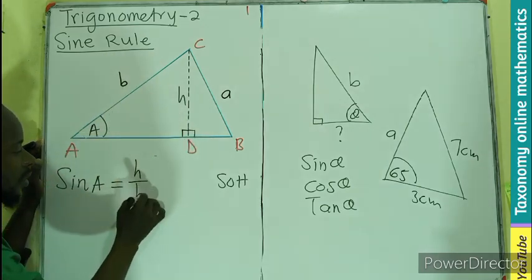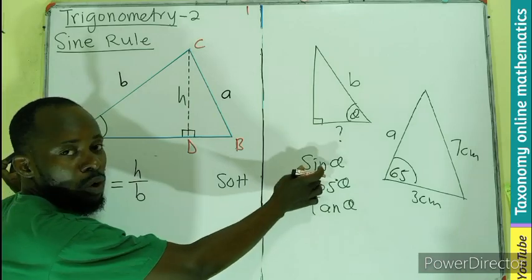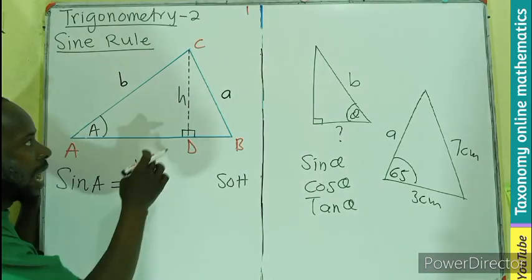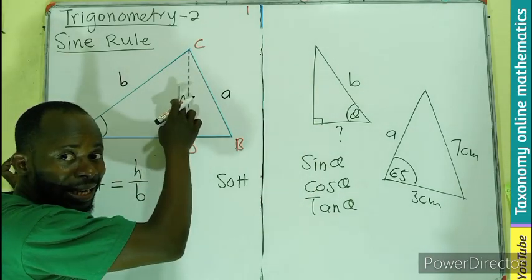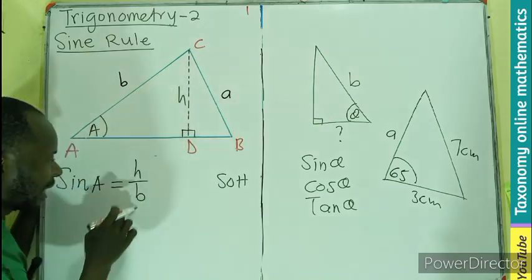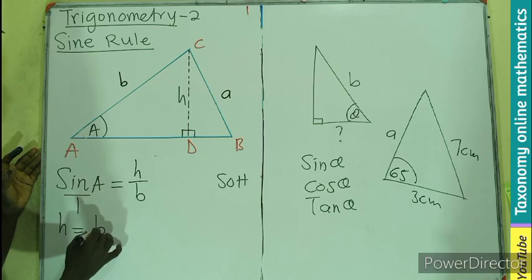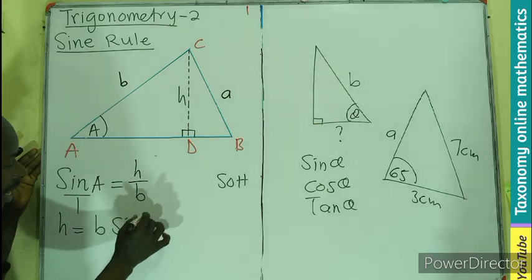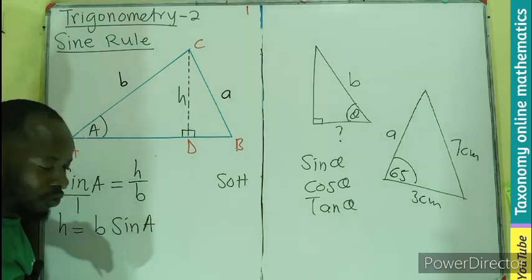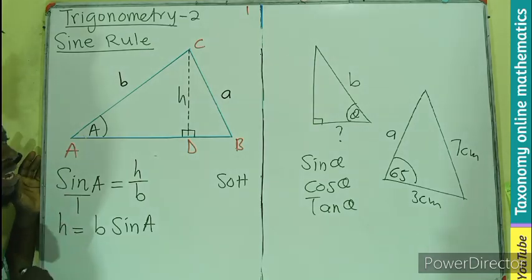So this gives us B in terms of the ratio of a sine. We are introducing the h. So let's make h the subject from here. If you make h the subject, h will be equal to B times the sine of A.